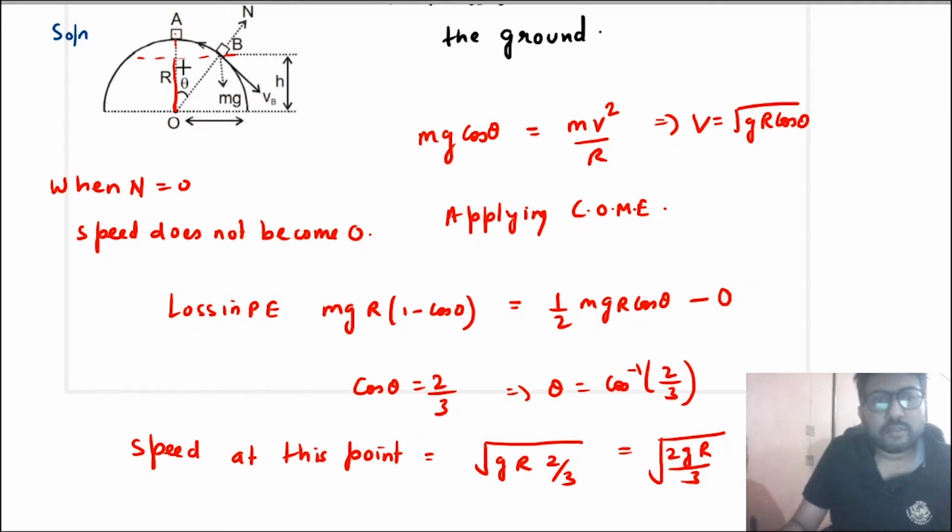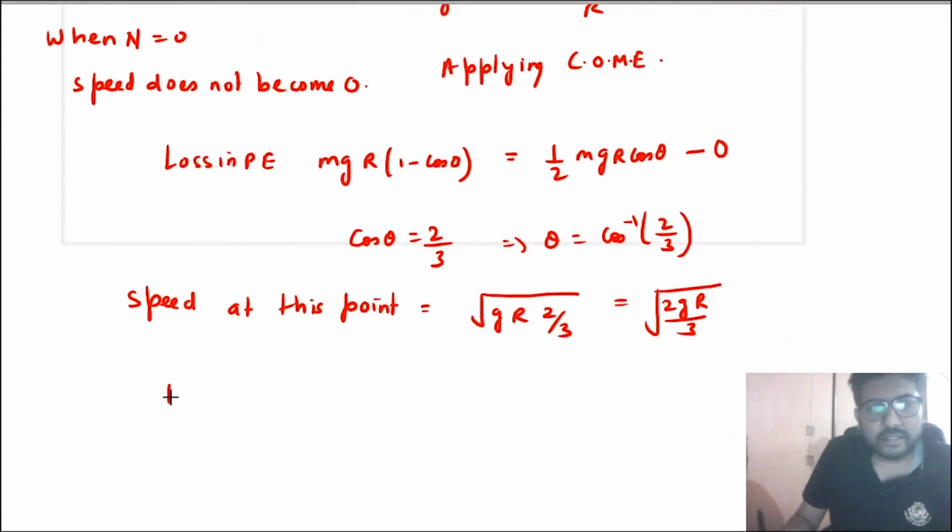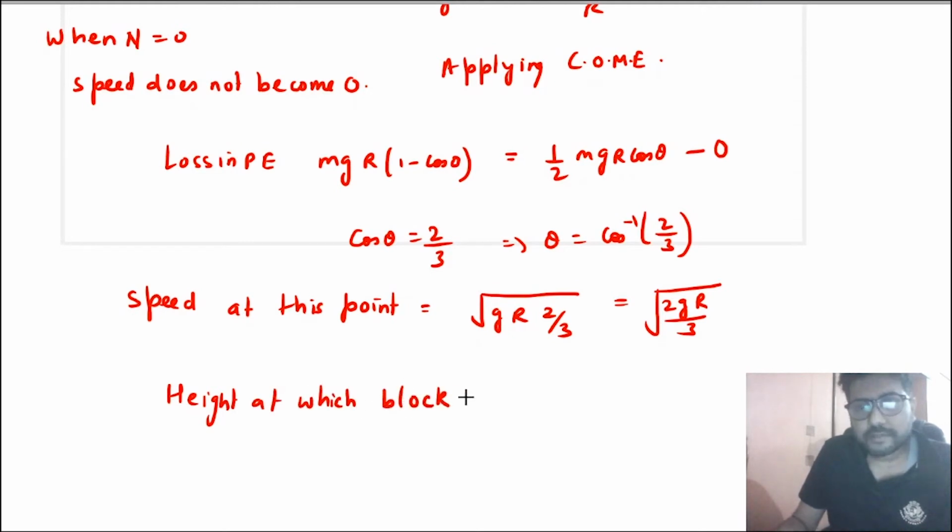Now if they have also asked you the height. Now height is r cos theta, right? So the height at which the block loses contact is r cos theta, that is equal to 2r by 3.